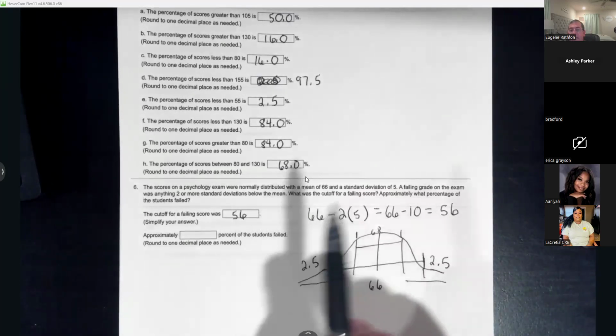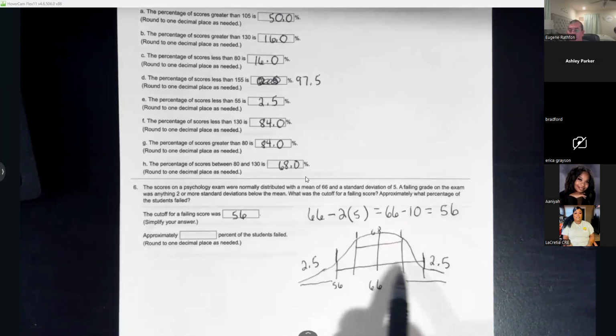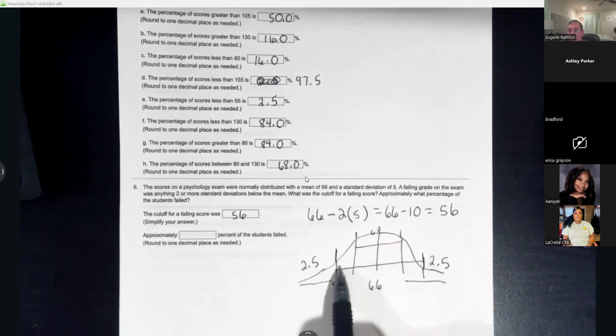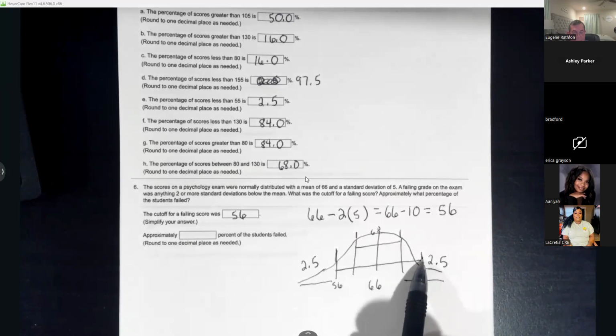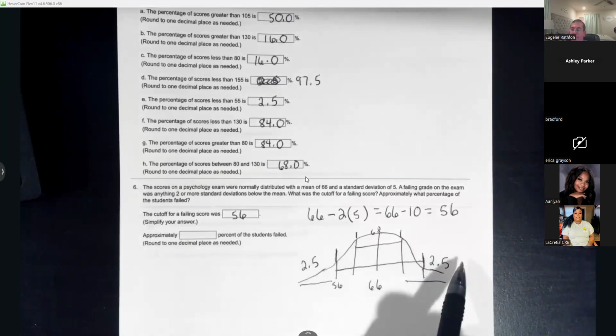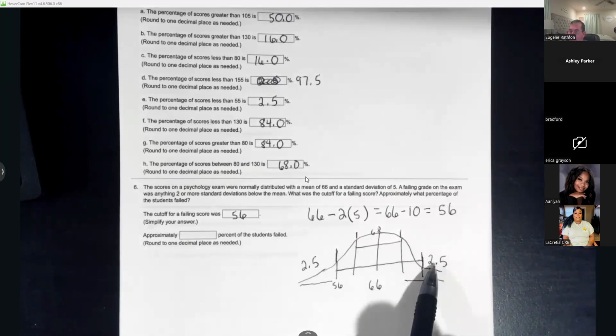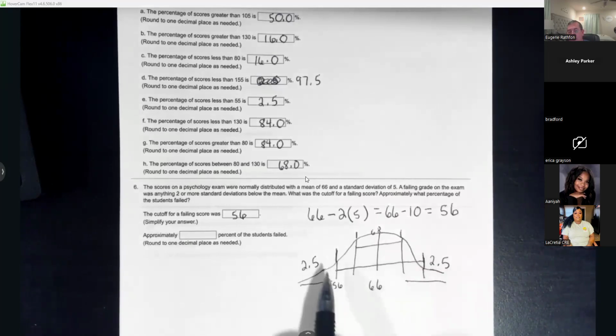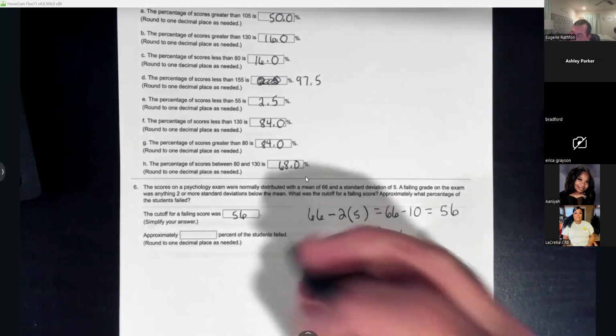Okay, and we're going because they said 2 standard deviations. If that's 95% of your data, that leaves 5 for the ends, and you divide that by 2 to get each end. So that means the percent that would be less than 56% would be this 2.5.